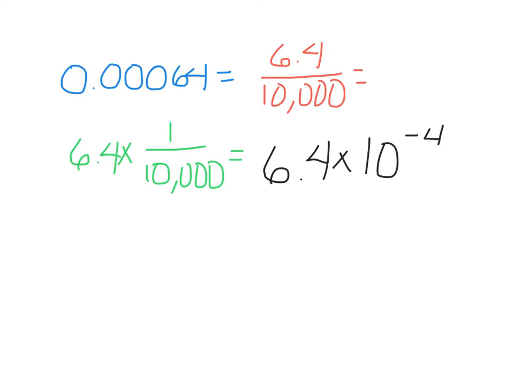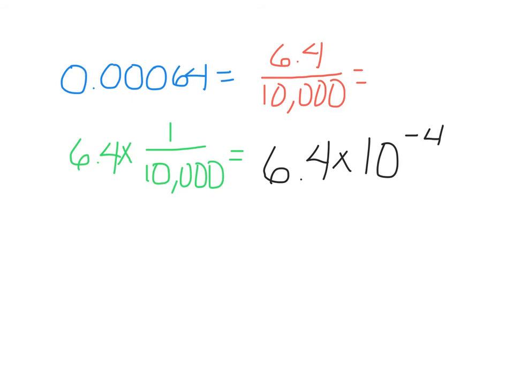Because it's a decimal, we're going to have those be negative powers. So this is the math behind how to get from here to here. When they ask you to write a decimal in scientific notation, this is the math behind that.